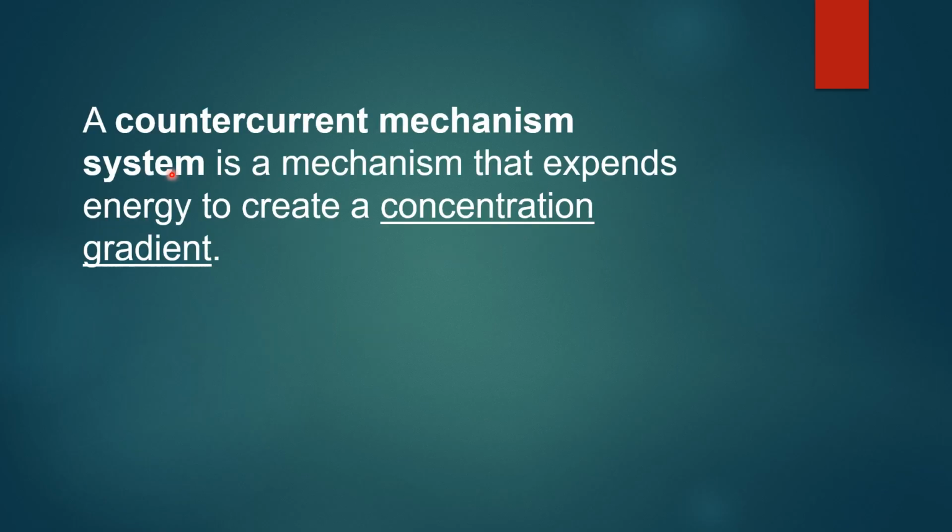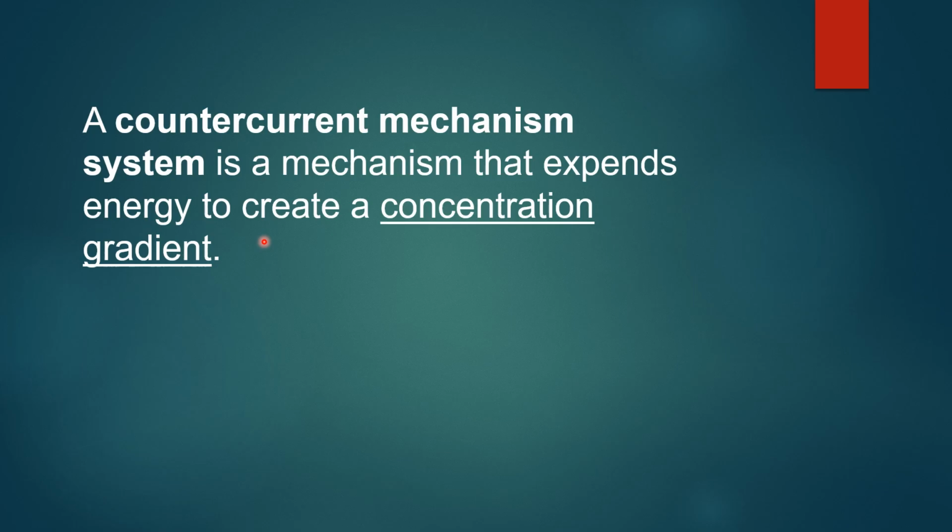First of all, the definition: the counter current multiplier system is a mechanism that expends energy to create a concentration gradient. It is a special type of mechanism in which we create a concentration gradient. Mainly this mechanism is concerned with the loop of Henle. In one limb of the loop of Henle the concentration will be higher, and in the other limb the concentration of salts will be lower.